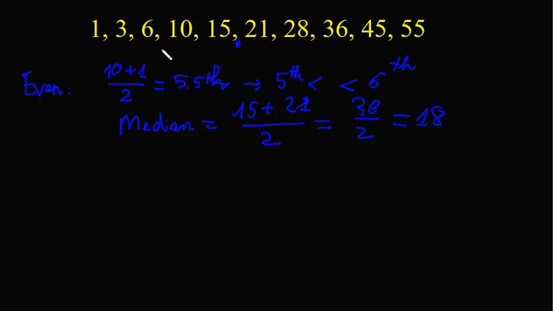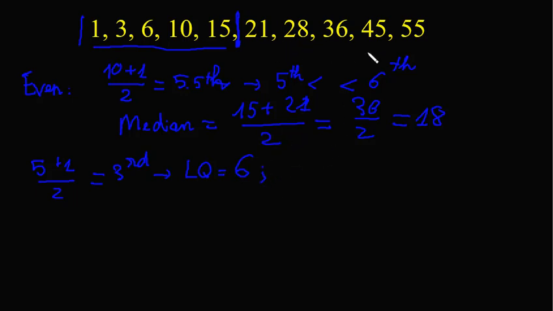Because the lower quartile is the median from the beginning to the median, we find the median of this half in order to find the lower quartile. This half has 5 members, so (5 plus 1)/2 is 3. So the lower quartile is equal to 6.